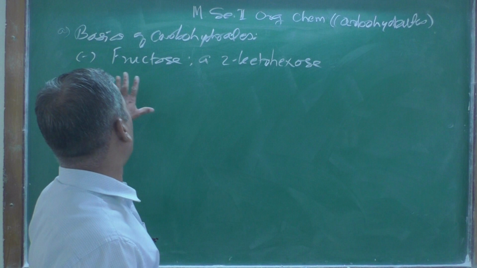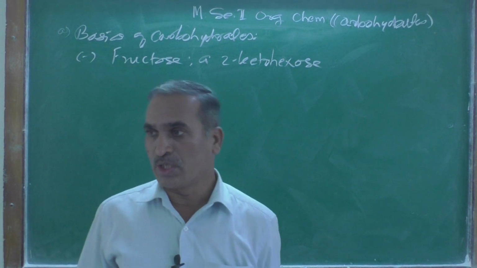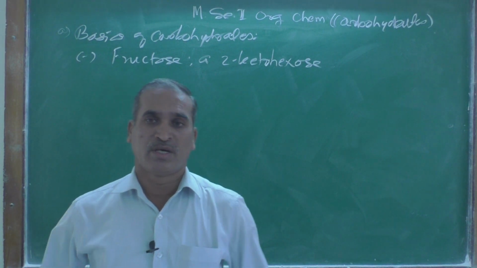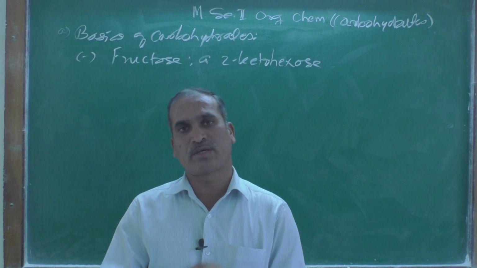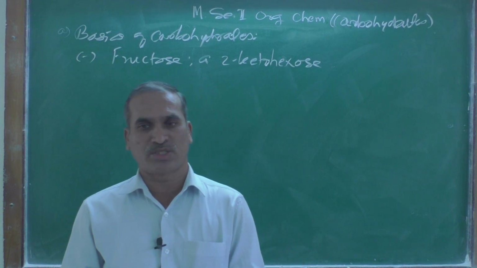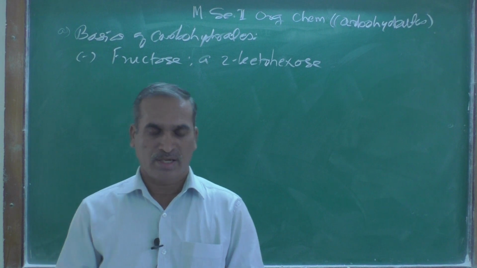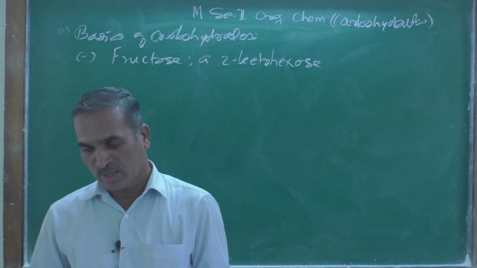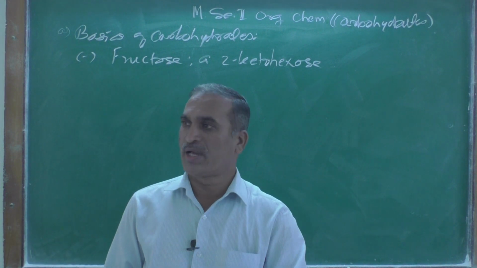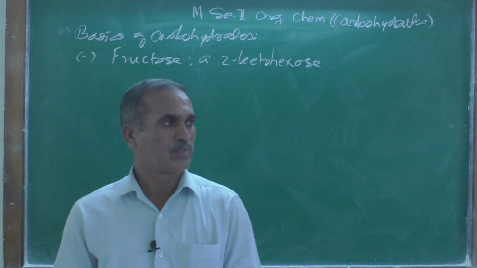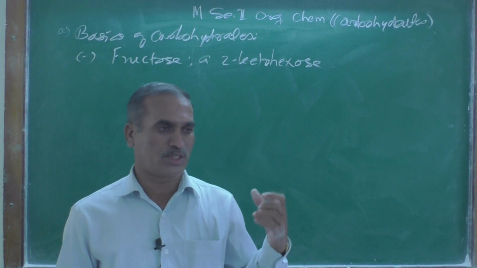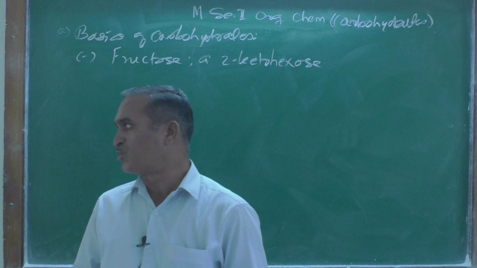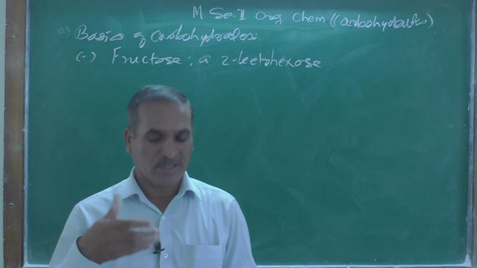Whatever we have seen so far was about plus D-glucose, and this is minus fructose. Minus means this type of organic compound rotates the plane of polarization to the left-hand side, and that is why it is designated as minus D-fructose. Its specific rotation is generally about minus 92.3 degrees, observed during the experiment.